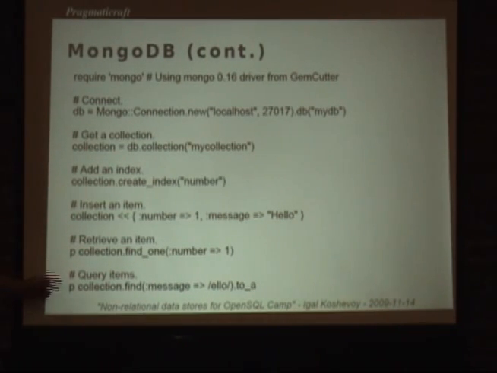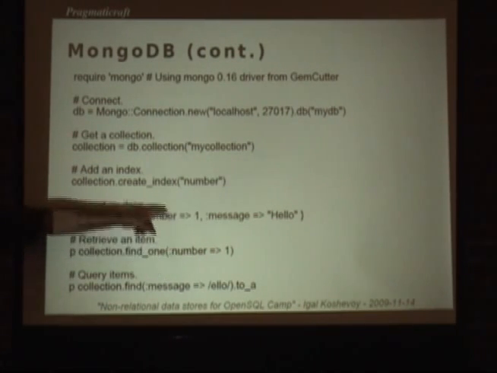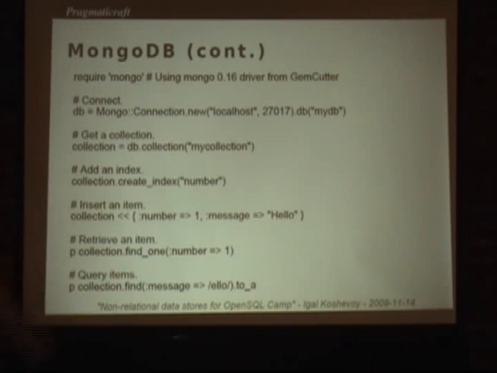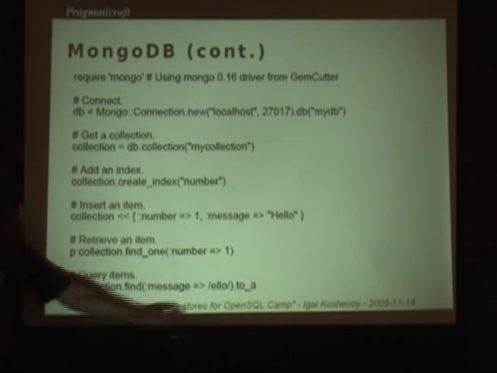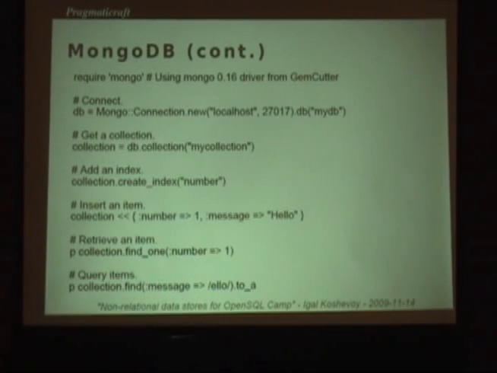And then we can very easily find the record where the number is one, because we're creating an index. We can also do queries using a find operator, where inside the collection we say the message maps to a regular expression. And so we can return everything where a regular expression matches.